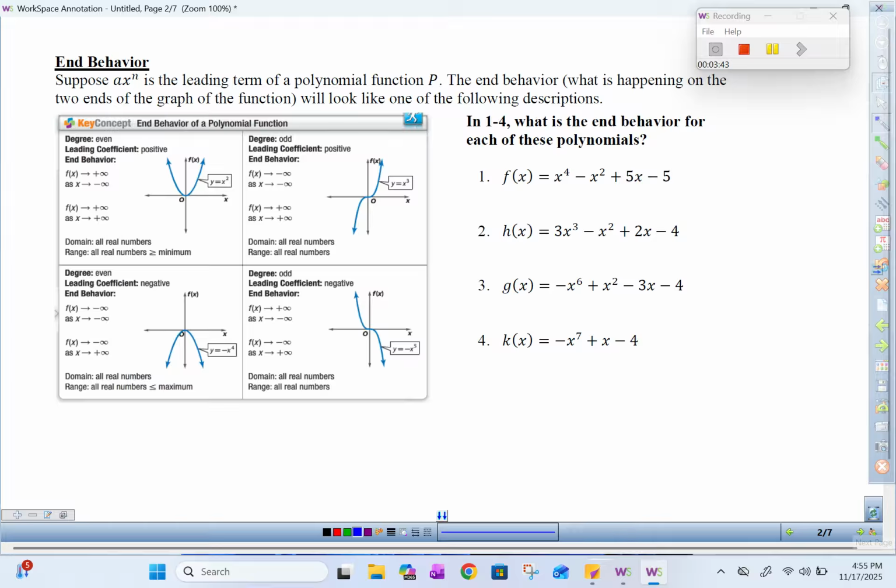Okay, so for a little note here to remember, even is going to mean same direction, and odd is going to mean opposite. And then when we're talking about positive versus negative, okay, positive means we're going to end up, and negative means we're going to end down or towards the negative side of the graph. So first thing we need to do is identify the leading term.